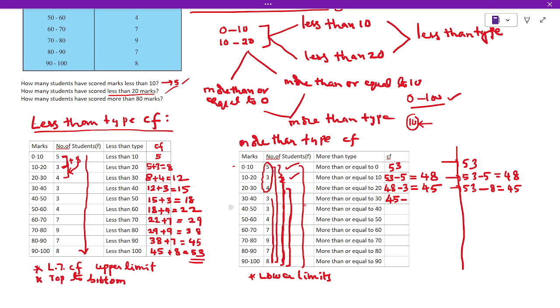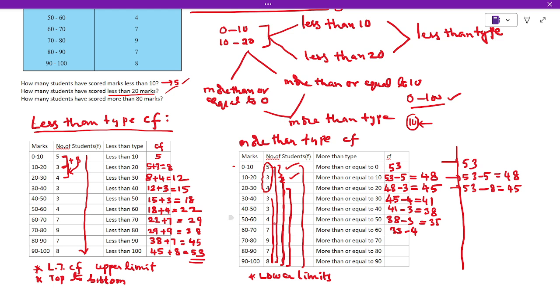45 minus 4, so here it is 41, and 41 minus 3 which is equal to 38, right? So 38 minus 3 which is equal to 35, and 35 minus 7, right?